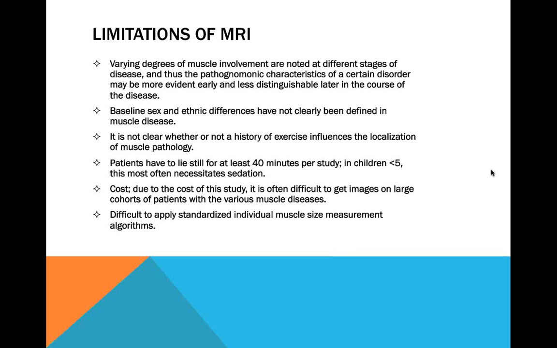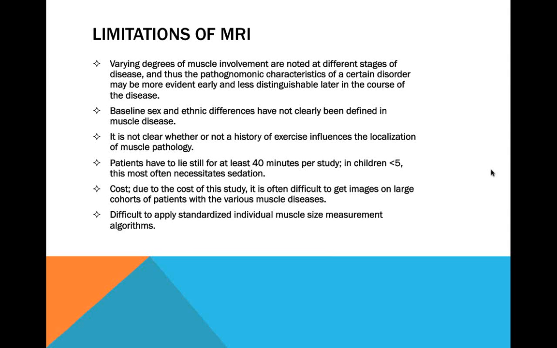The other thing is that baseline sex and ethnic differences have not been clearly identified for muscle disease. It's also not clear whether or not a history of exercise influences the localization of muscle pathology, and as I'll show you in the next few slides, certain muscle diseases affect certain muscles, and it's not clear as to why, if it's embryological in nature, or if it has to do with what kind of activities people do, whether or not that influences it.